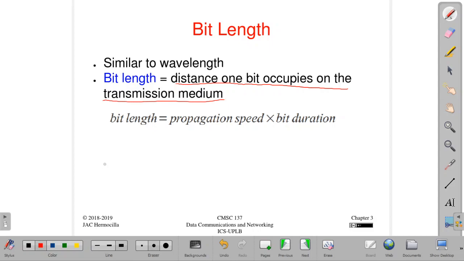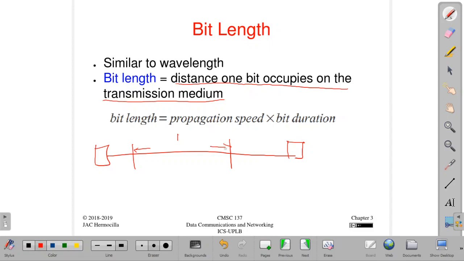Okay, so it's the distance on the transmission medium. Let's say we have bit 1. What is this distance?